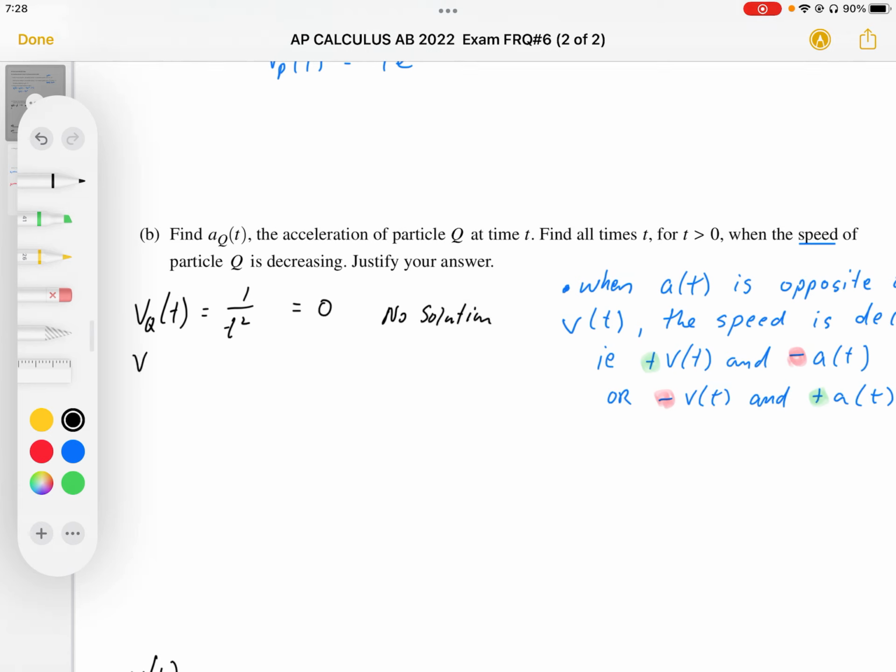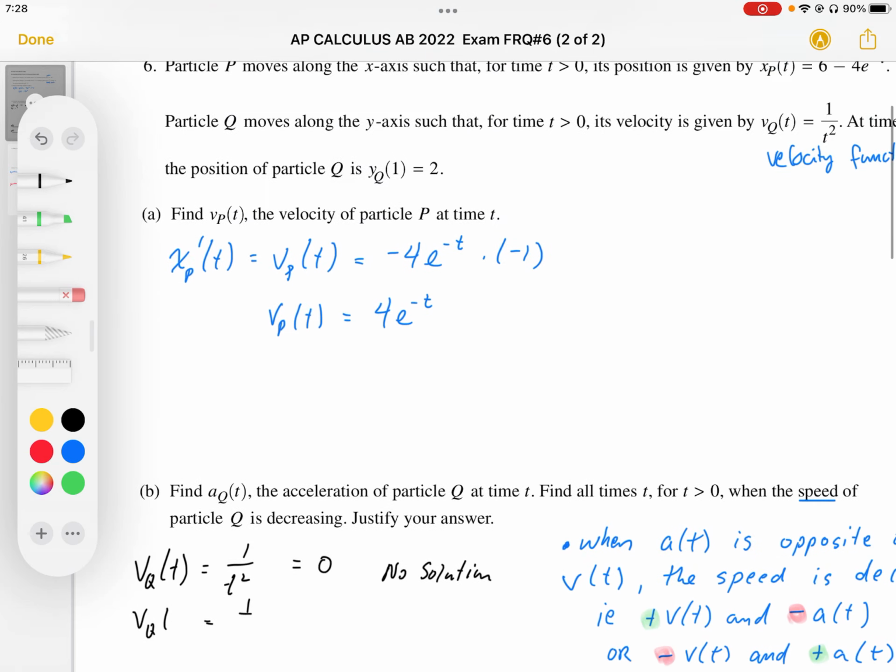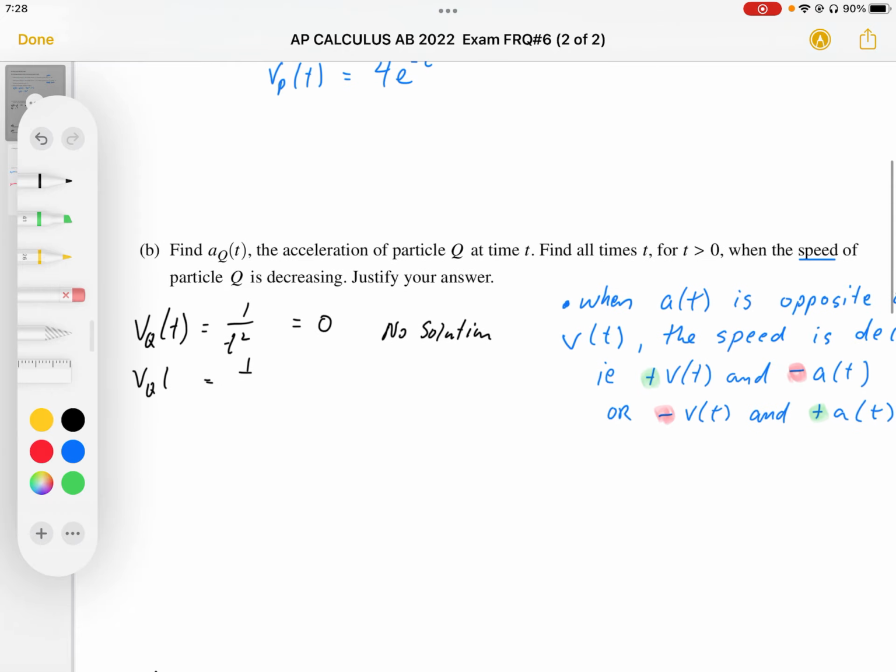Okay, so then we need to check to see which direction this is going. So this is not going to change direction, but we know that the direction is going to be, I'm just going to plug in a value here. I think the domain was greater than 0. So I'm going to just plug in v_Q of 1, and we get positive.